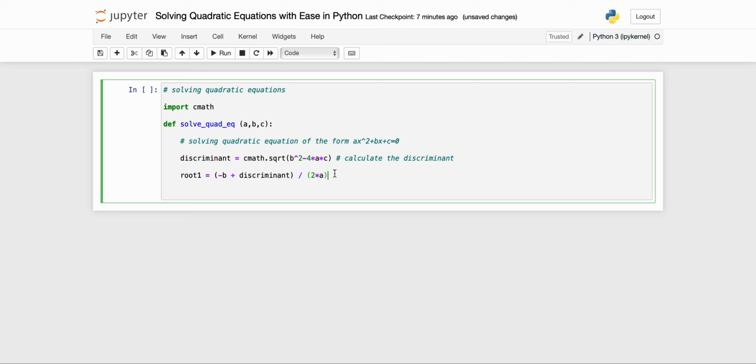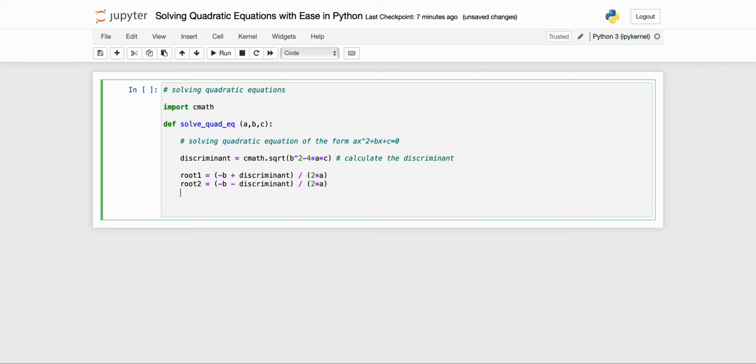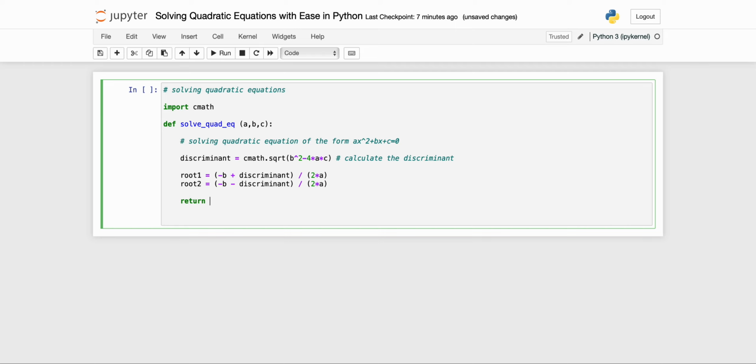Then we copy that for the next one and change the sign, so root2 uses the minus version. We return root1 and root2, which is our solution of the quadratic.